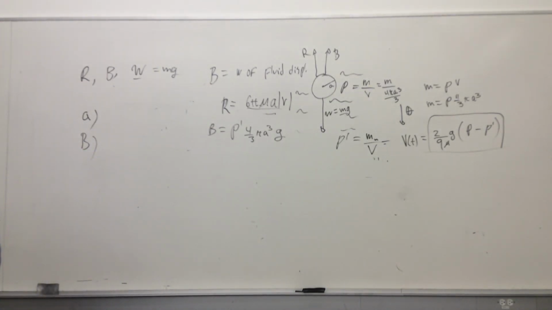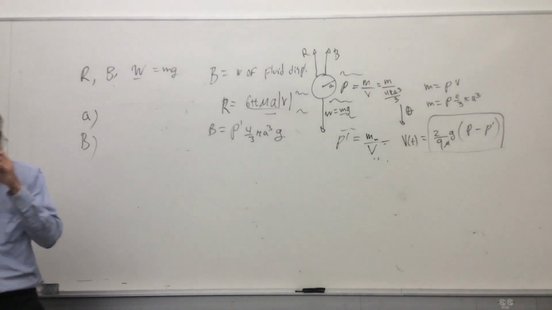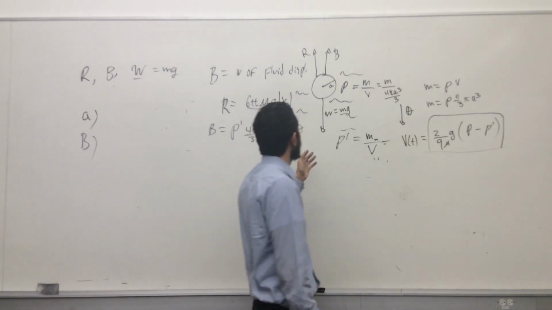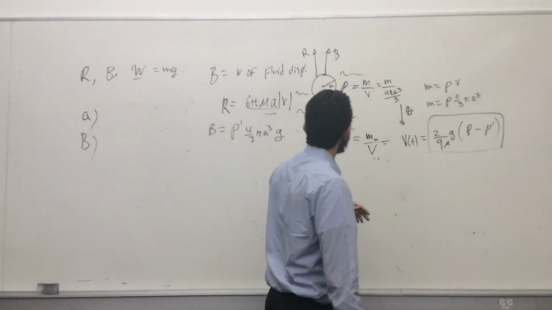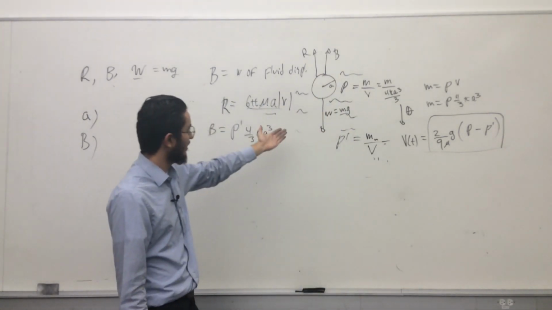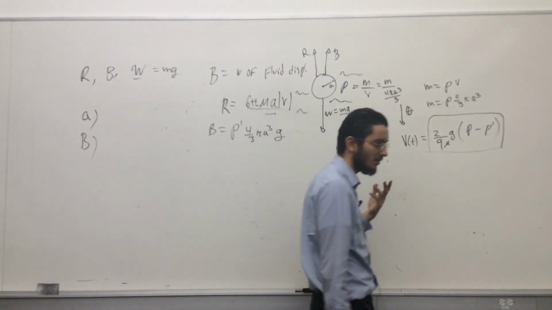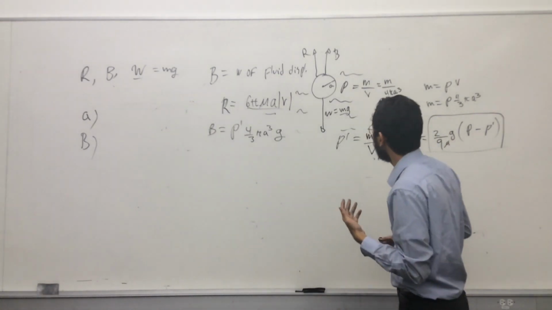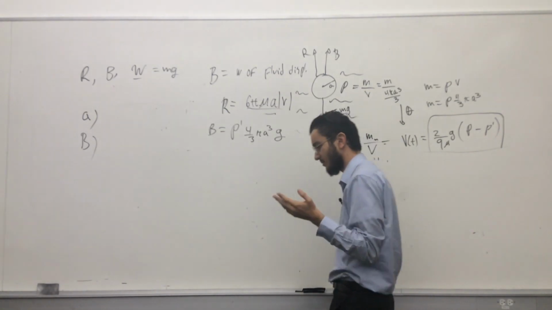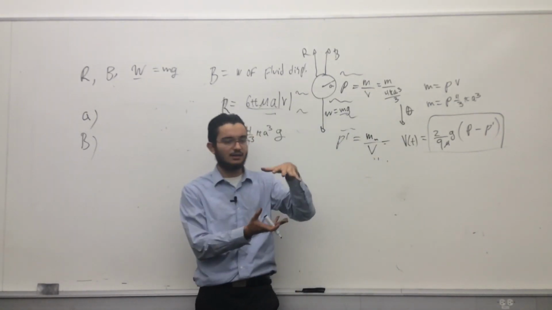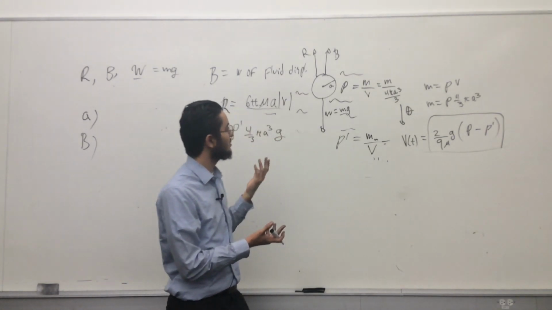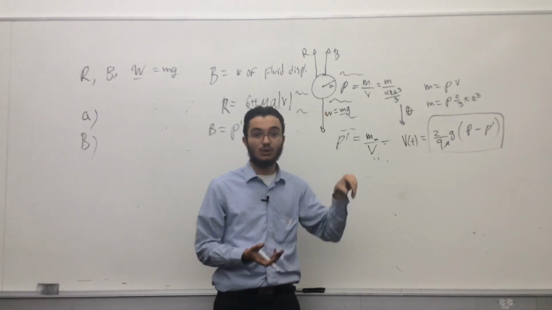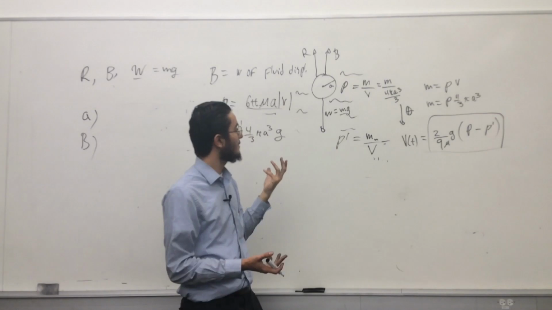Basically, we have pretty much the same setup over here. We have the resistive force, the buoyant force, and the weight. But now we have another force, the electric force. We want to make sure the droplet is floating, at rest, because the purpose of the electric field is to stop the ball from free falling.